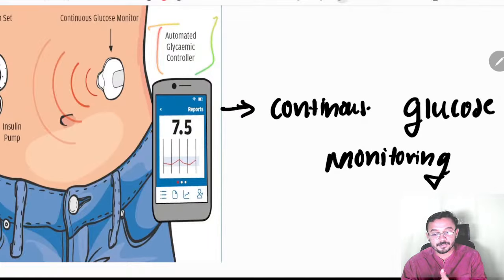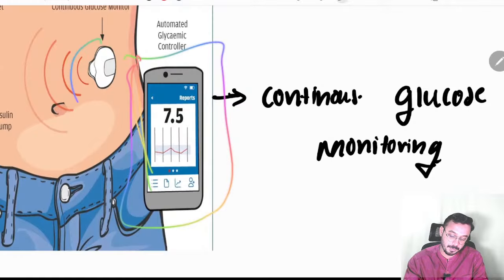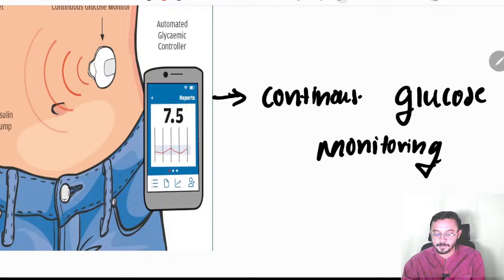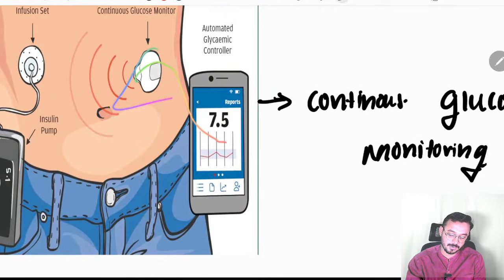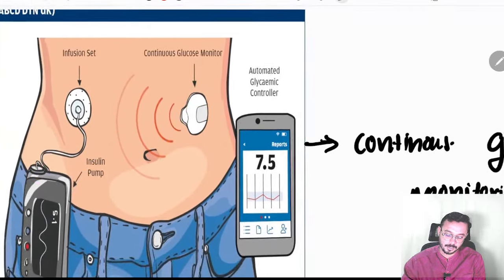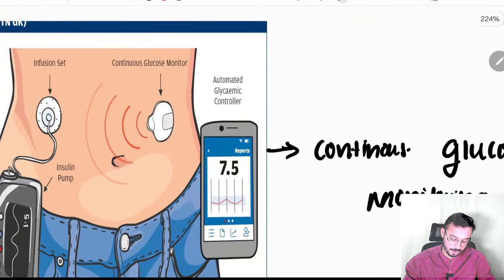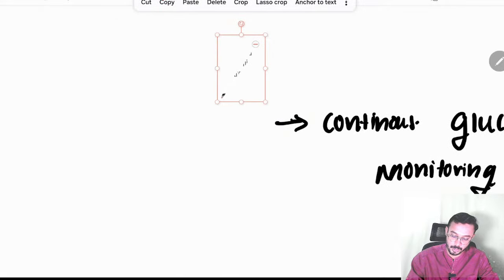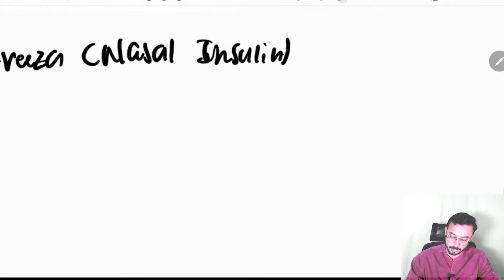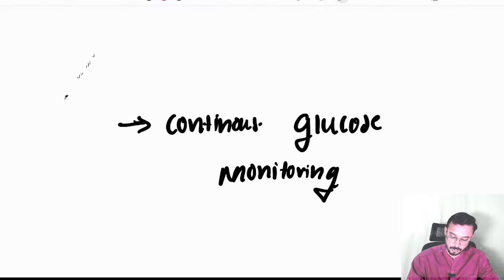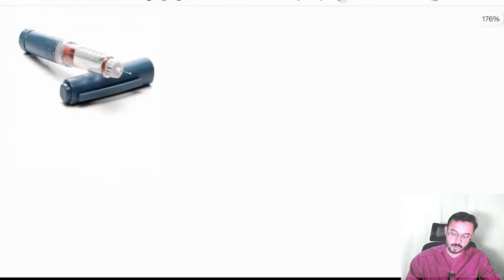So look at this. This will measure the glucose. If you bring this mobile phone display near this patch, it will show the blood glucose level. Based on this, it will work. This is known as continuous subcutaneous insulin infusion, CSII.